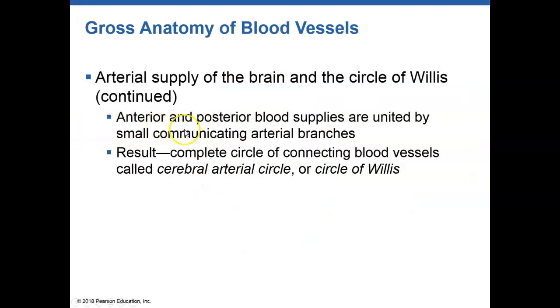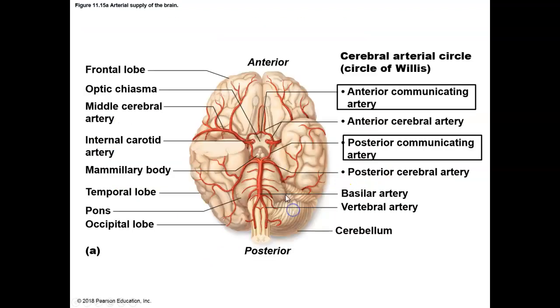Then we have special communicating arteries that take blood from the anterior to the posterior, and this forms a complete circle, and that circle is known as the cerebral arterial circle or the circle of Willis.